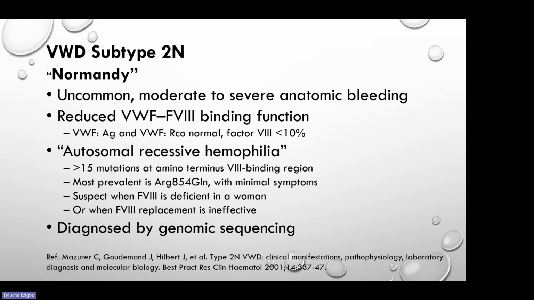So to fully evaluate and clearly say it is type 2N, we do genomic sequencing of the von Willebrand factor gene, the region where von Willebrand factor binds to factor 8, to see if there is any gene mutation along that pathway.